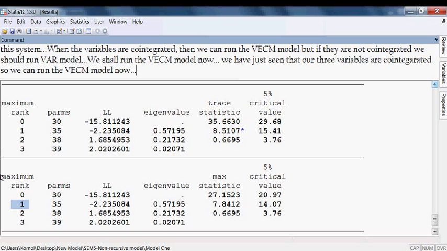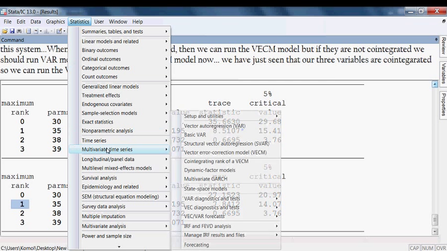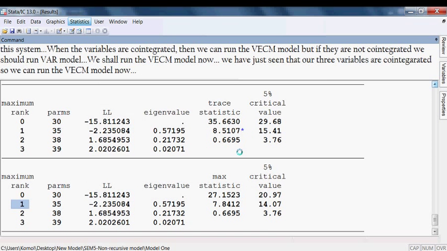Okay, so how to run? I go to statistics, then multivariate time series, then VECM model. You can see from here the VECM model that I select.